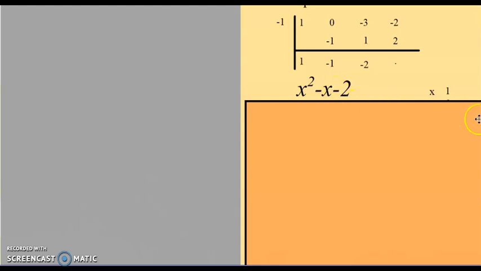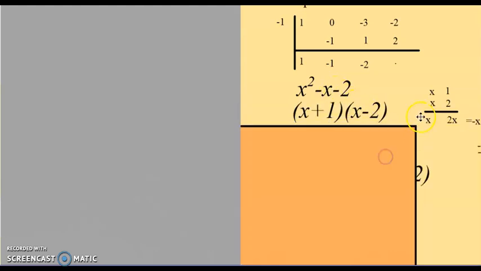Now I need to factorize. x times x will give me x squared, and 1 times 2 will give me 2. If I cross multiply, we'll get 2x, and if I cross multiply, we'll get positive x. I'm looking for a negative x, so that means one of the two of them has to be negative.